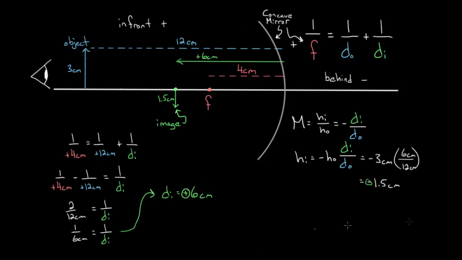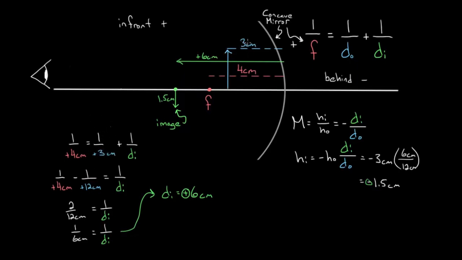What would change? What if we took our object, so say we don't put it here anymore, we move it inside here. So instead of being at 12 centimeters, we moved it to like 3 centimeters. What would we do differently? Everything would be the same. We just would plug in, instead of positive 12 down here, positive 3. So the mirror equation works exactly the same.